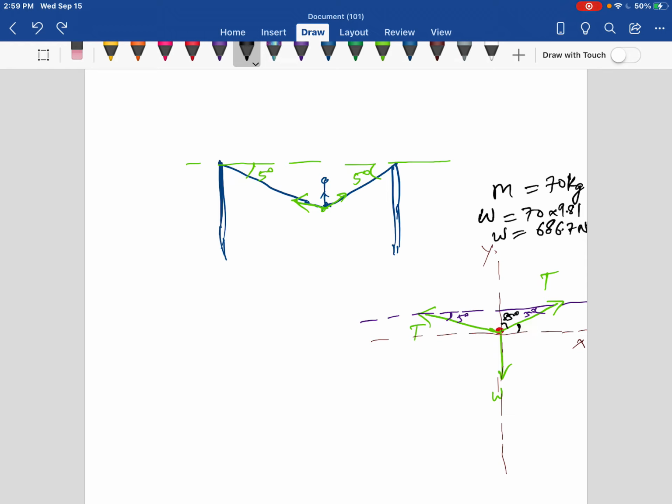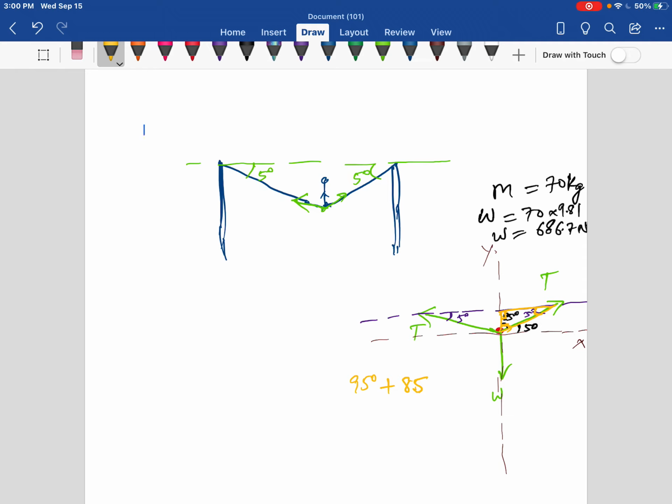How did I find that this is 85 degrees? We see this triangle right here, this entire one. This angle is 5 degrees. This angle is unknown, and we want to find that. But this angle right here is exactly 90 degrees, since it is vertical and horizontal. So 90 plus 5 is 95 degrees.